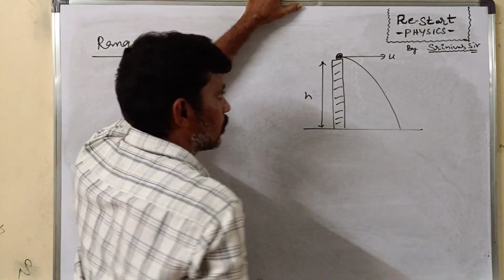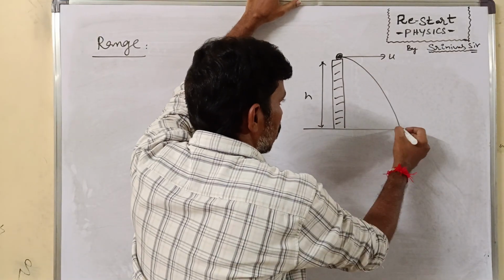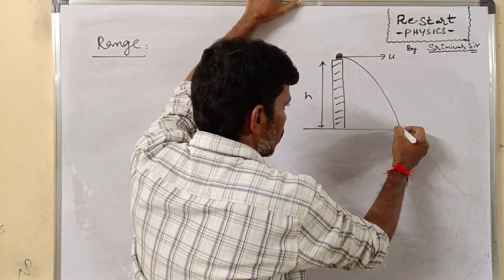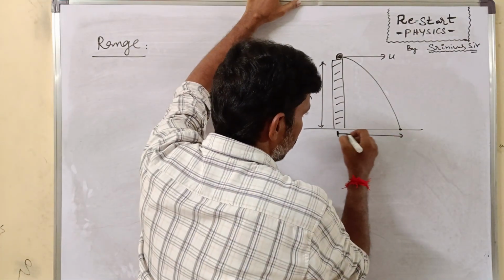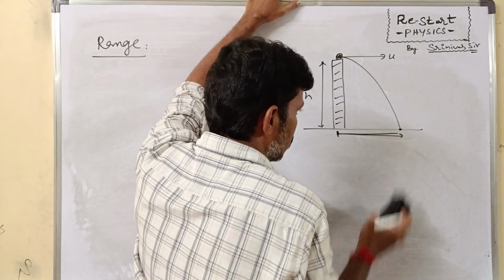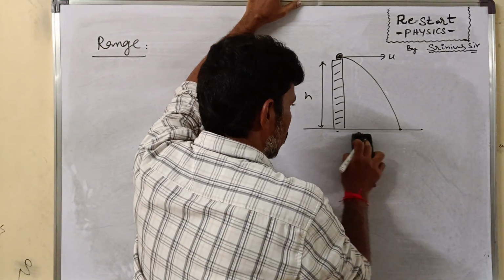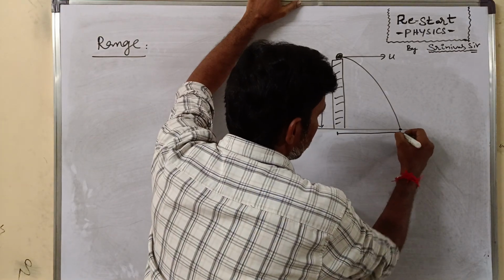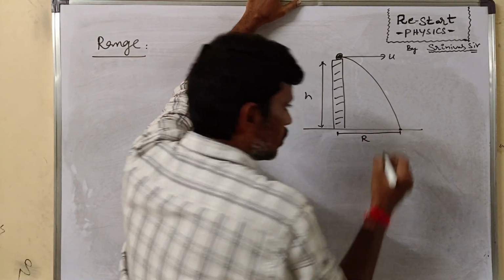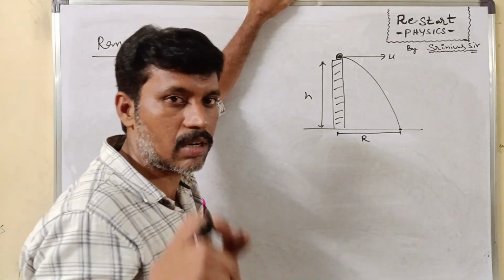We know that during the entire journey from here to here, the maximum horizontal distance traveled by the body. So range means the maximum horizontal distance traveled by the body is called the range.